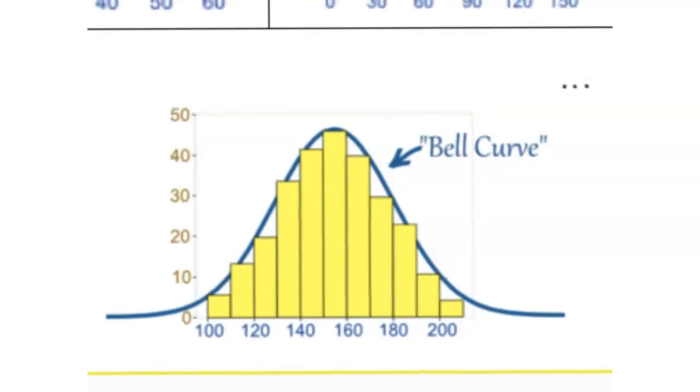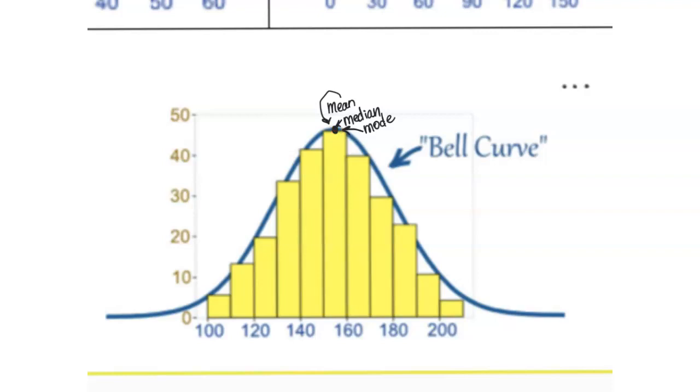And it so happens that the mean, the average, the median, the middle number, as well as the mode will all be located in the exact same place, at the very tip of your bell curve, or your normally distributed curve. So here would be our mean, our median, and our mode.